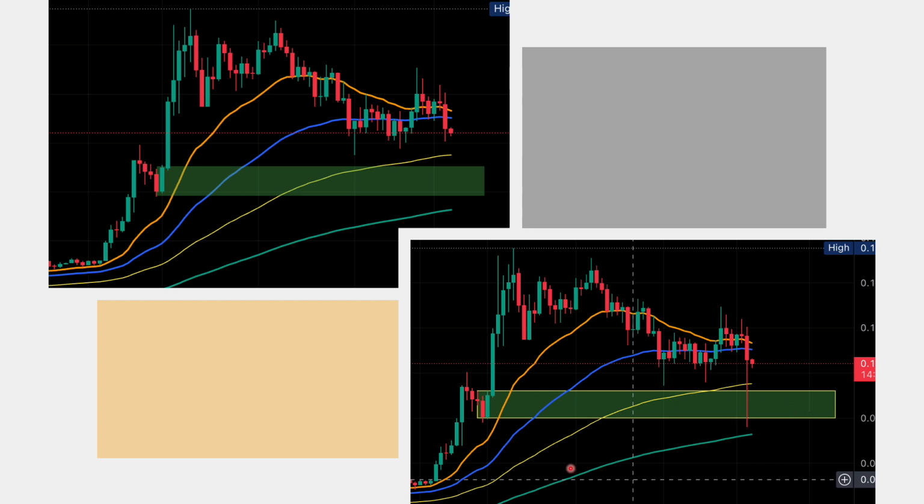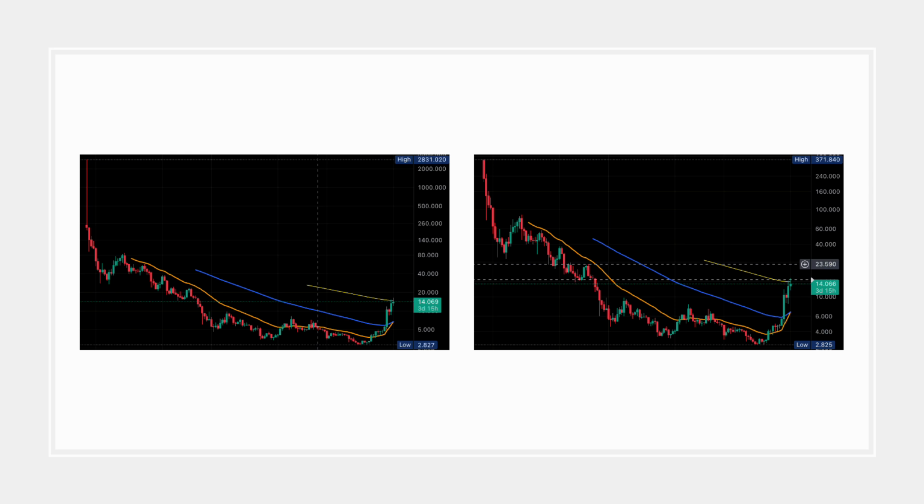This wick went into this order block, and this was a liquidity grab or a liquidation cascade. When you examine the spot chart, you don't see this low, okay? And it's important to understand that this wick here didn't change anything in the market structure. So this is why a closing price is the better option.